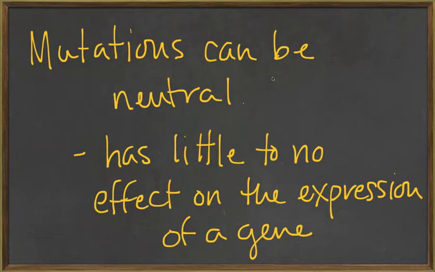Different genetic codes code for the same amino acid. So sometimes a mutation can occur that will change just one letter. However, it changes it to a letter that still works for the amino acid that it needs to have in that code. So sometimes mutations can have little to no effect on the expression of the gene in question. You won't even know that it has happened.